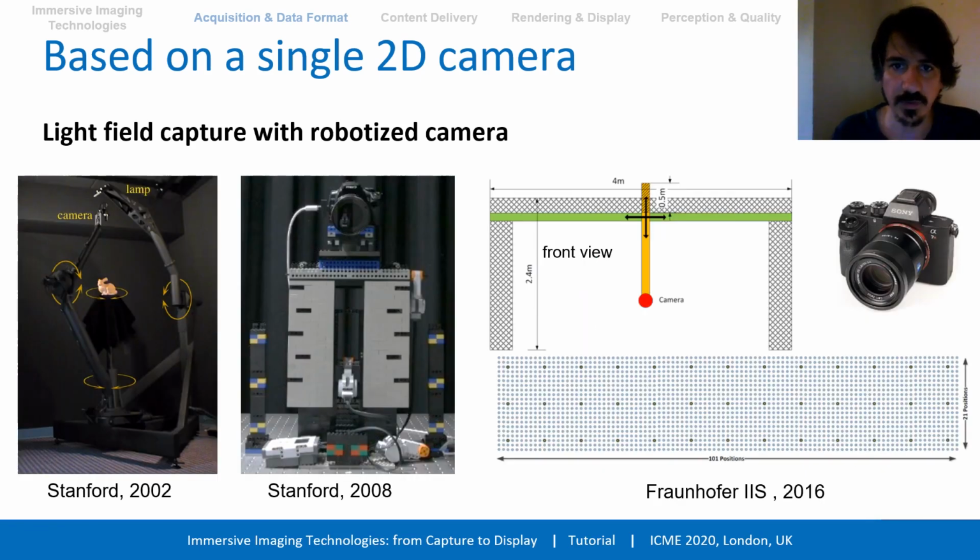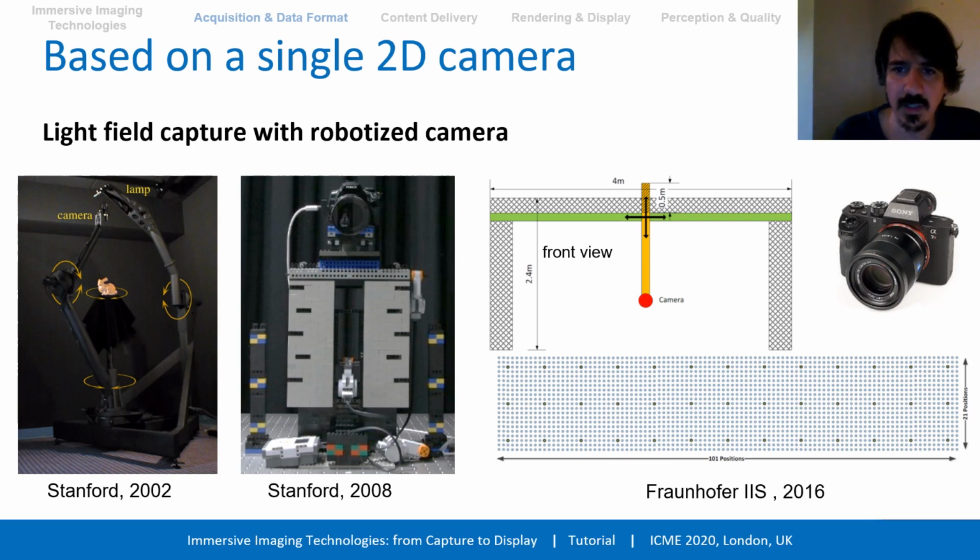So here are different examples of such systems. On the left, we have a robotic arm for spherical light field capture implemented at Stanford in the early 2000s. In the middle, we have a Lego gantry, also implemented at Stanford a few years later, for two parallel plane light field capture, where the camera can only move up and down and left and right.